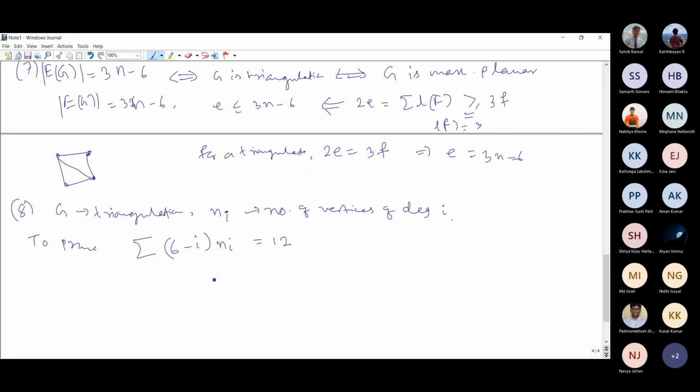How do you prove this one? Again, it is a triangulation. See, what do you get from this? Summation of i times Ni, what is the value of this? Tell me.